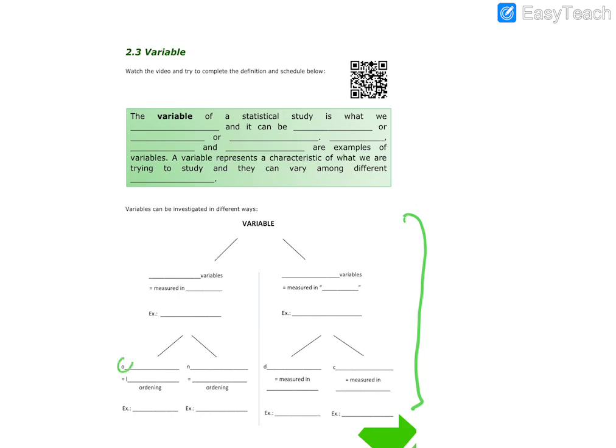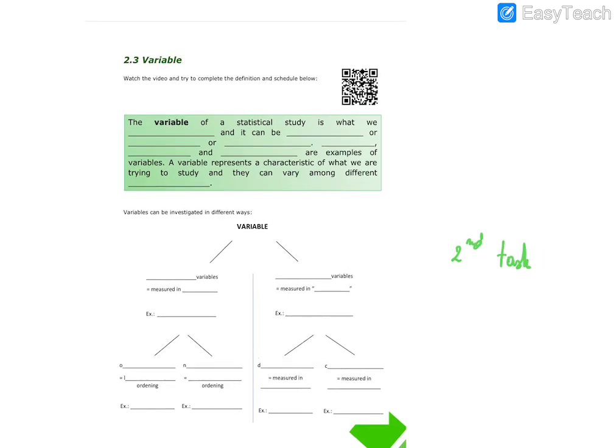I've given some letters just as a hint. So make sure when you watch the video that you try to understand it. Try to fill it in, and then take a picture of it and upload it as well. So this is your second task, to make and upload.